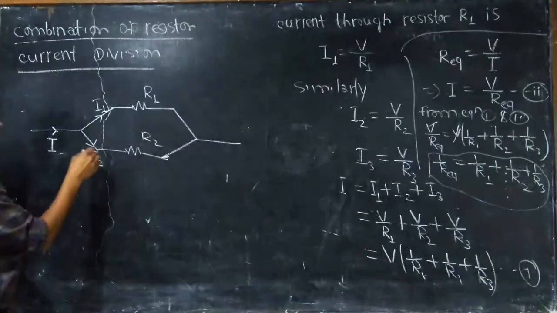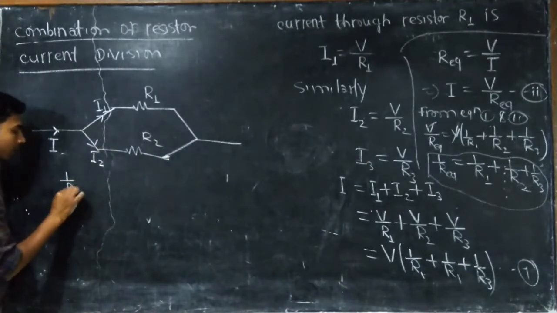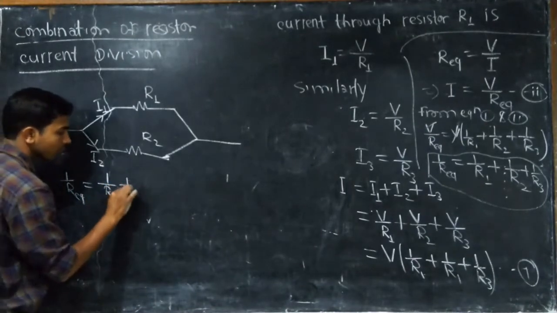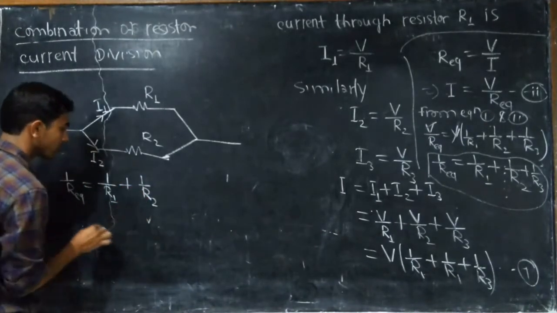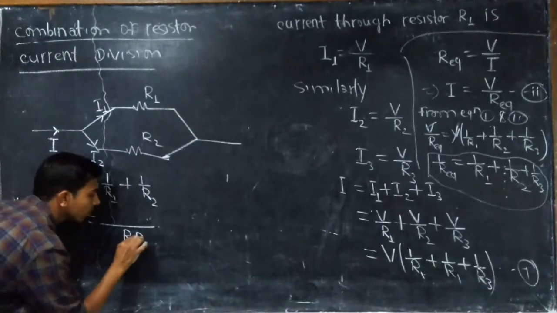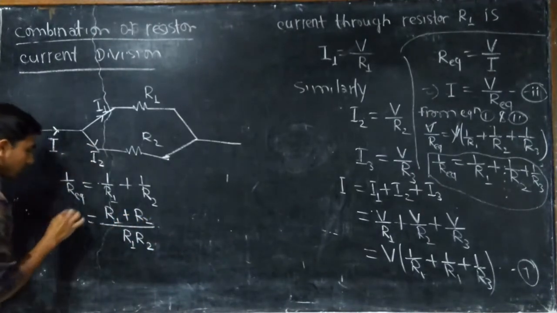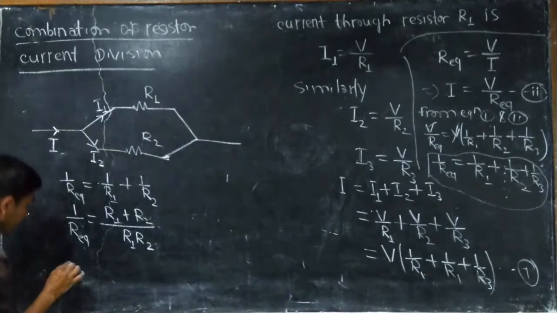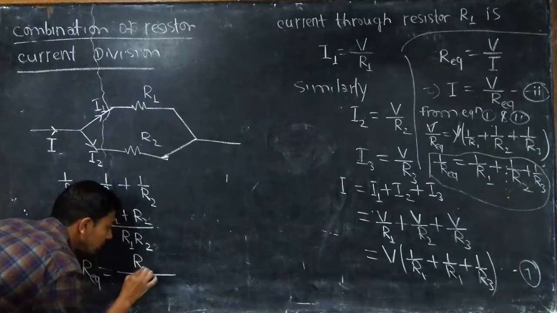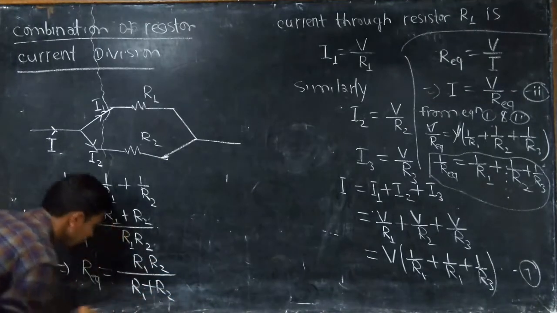So these 2 resistors are connected in parallel. So R equivalent will be what? 1 by R equivalent will be 1 by R1 plus 1 by R2, right? So further we can write R equivalent is equal to R1 into R2 divided by R1 plus R2.